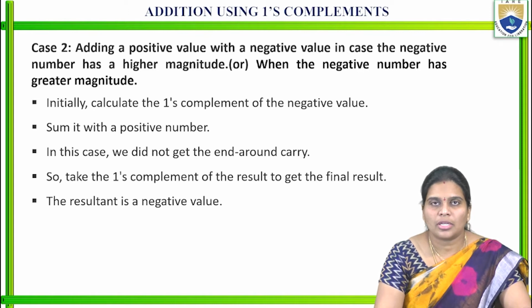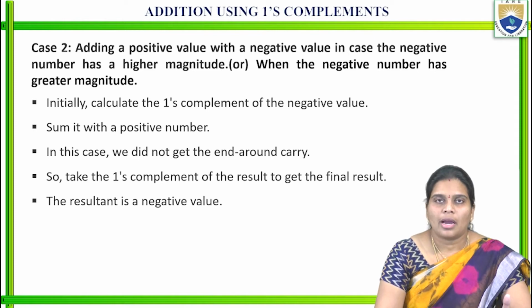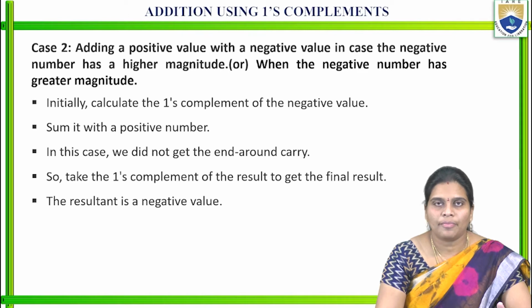Here also we are applying the same procedure. First apply the ones complement of that negative number. Then add the original number plus the ones complement of that negative number. After adding these two values, if we get any carry, that carry is added to the LSB bit. That is the end around carry.